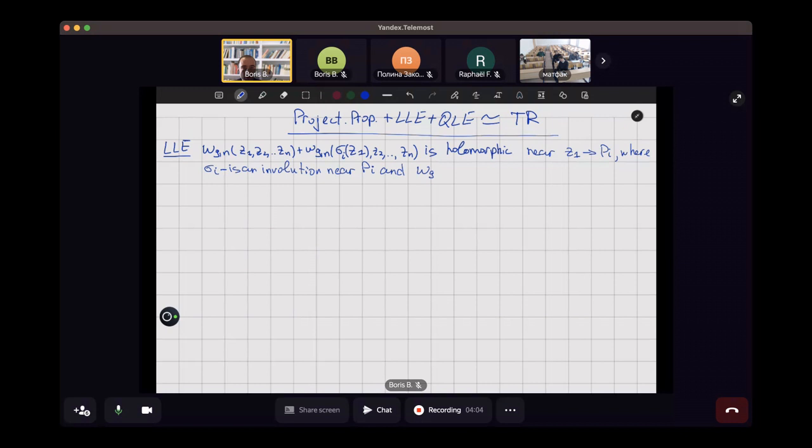Yes, you're right. If we're in the setting where we have the original residue definition of omega g,n, then it is an important property that they are symmetric.